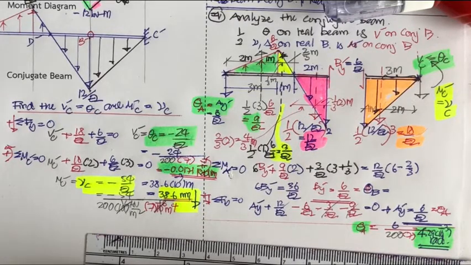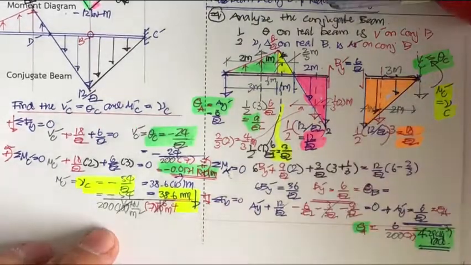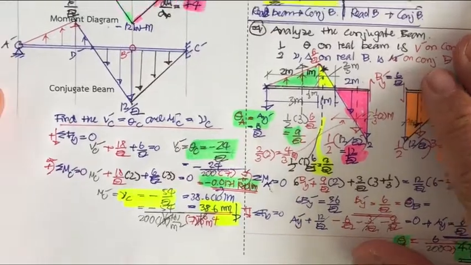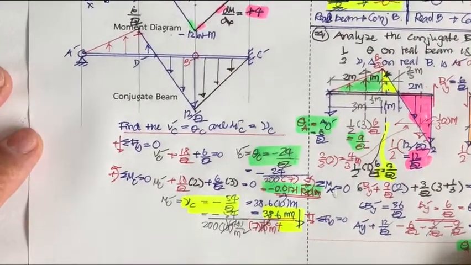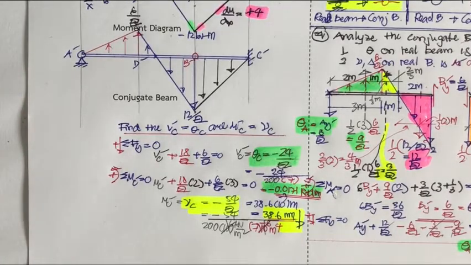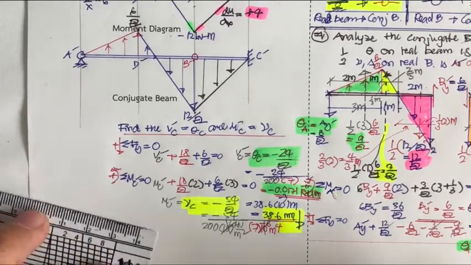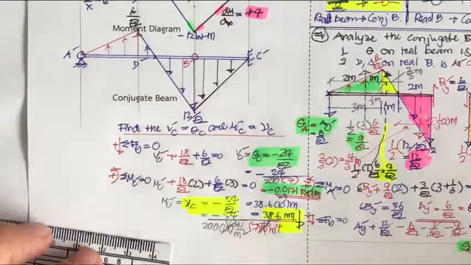Okay, and we still have one more to work on: the deflection and the slope at D. So let us move to this portion of the conjugate beam, and now we are going to take a look at the portion of this.